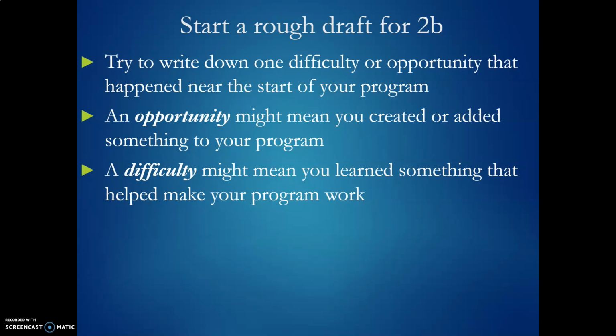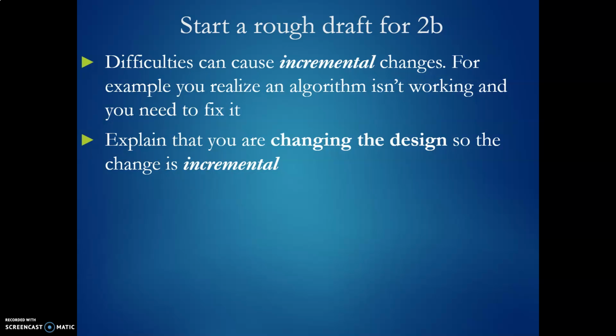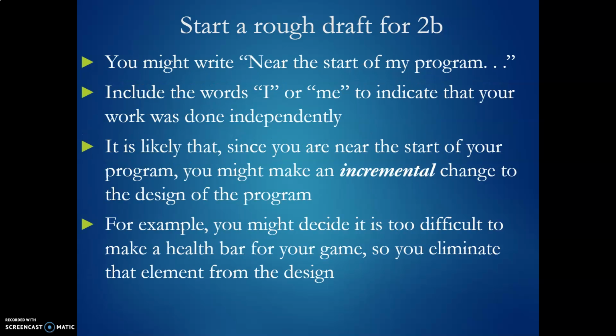Or, you ran into a problem with your program and you learned something like, oh, okay, that's how that's supposed to work. I didn't realize that was supposed to work that way. So difficulties often cause incremental changes where you have to go back and change your design because you just bit off more than you can chew. If that's the problem, you want to explain that it's incremental and that you had to change the design of your program. Often this is going to happen near the start of your programming process.